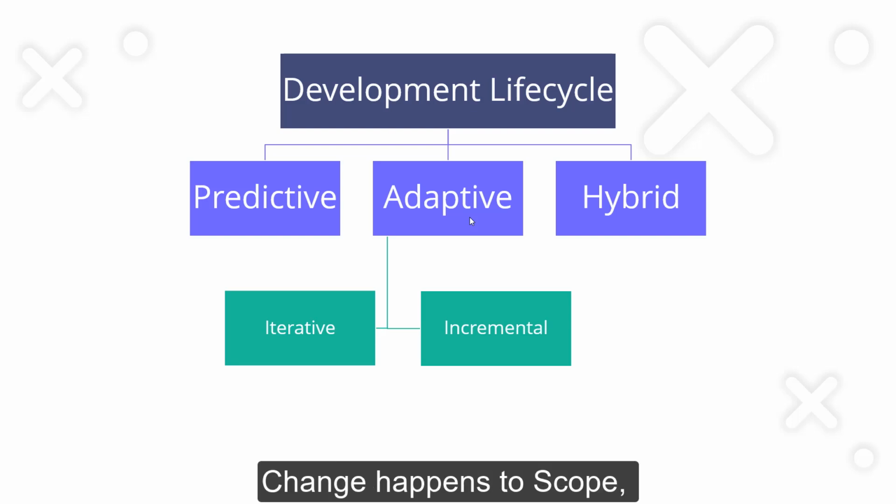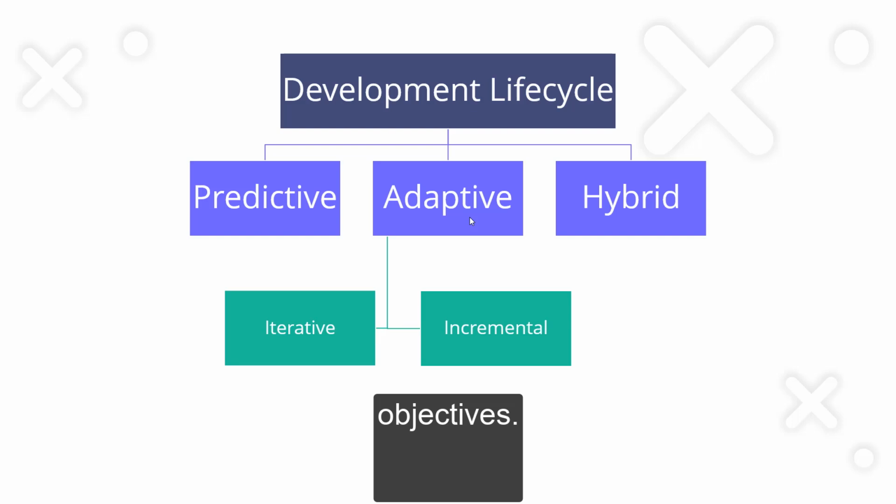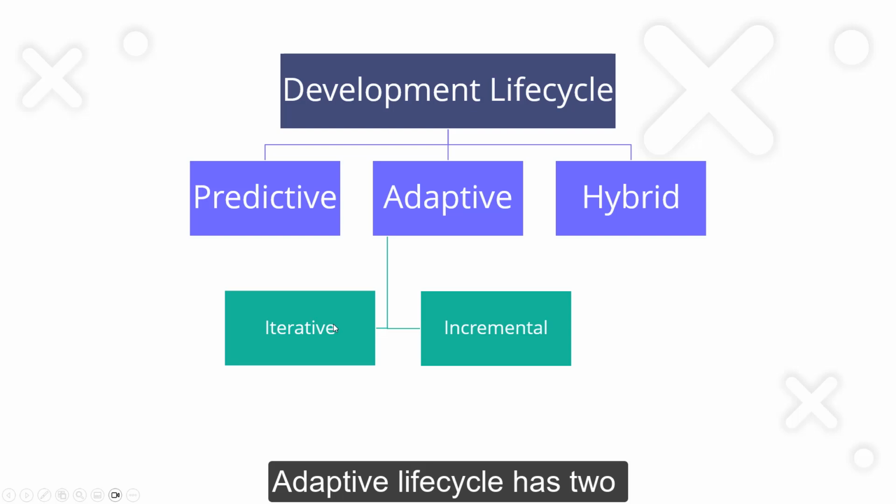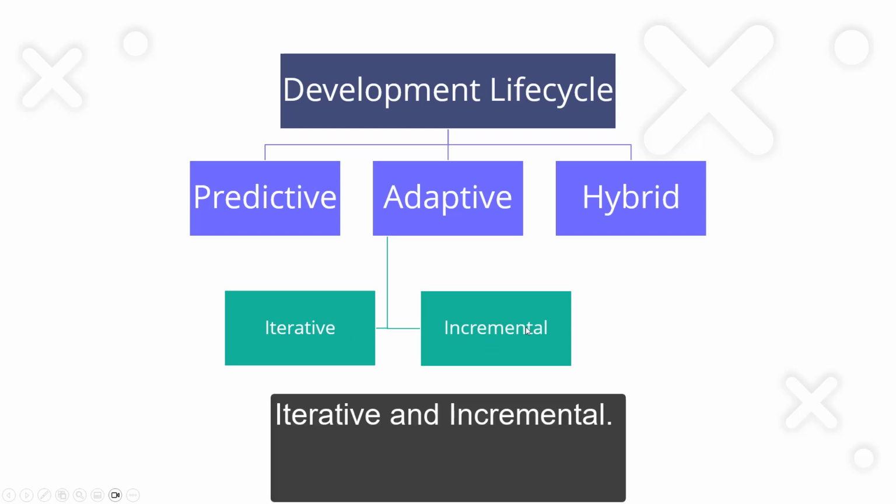Change happens to scope, and accordingly, time and cost are the knobs that you will adjust to achieve your objectives, given that change is happening. Now, adaptive has two fundamental streams, iterative and incremental.